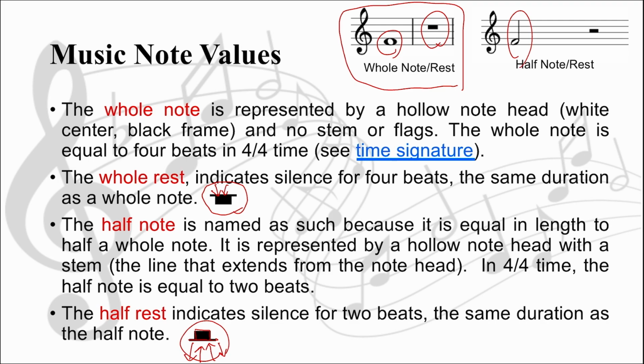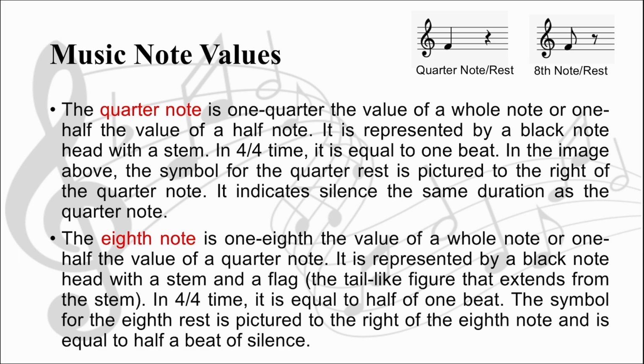And then we will come to the quarter note, the most common ones we use in our sheet music, that is the quarter note and eighth note. Here we come first to the quarter note. A quarter note is 1/4 the value of a whole note, or 1/2 the value of the half note.